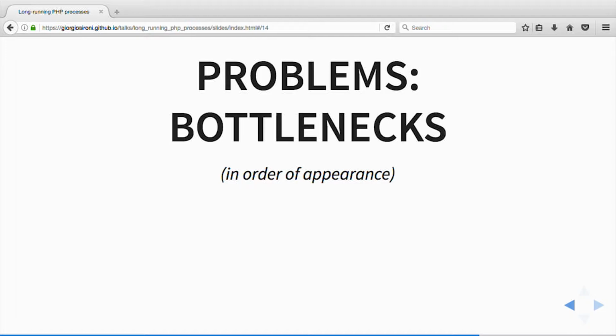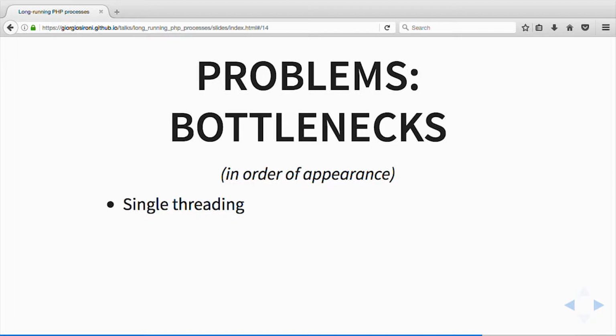If everything is running correctly and no one is paging you at night because the processes have crashed, then we may have the nice problem of running into bottlenecks, which means your application is good, it's working well, but it has some performance problems. One of the first bottlenecks you encounter is that of PHP single threading.